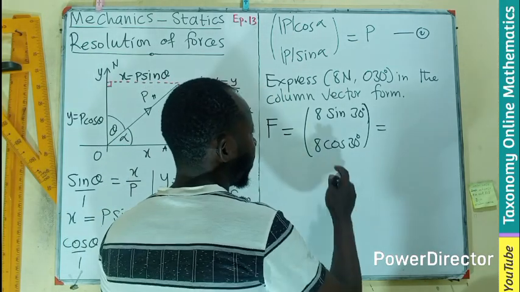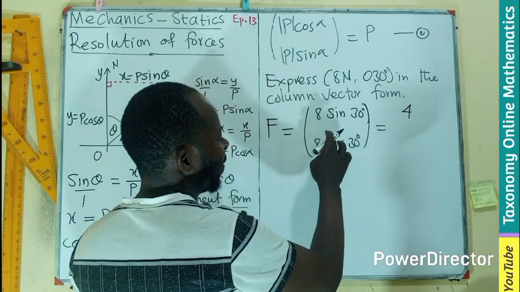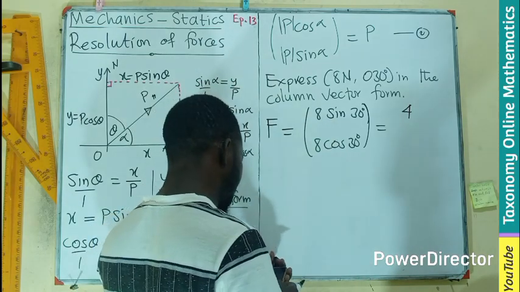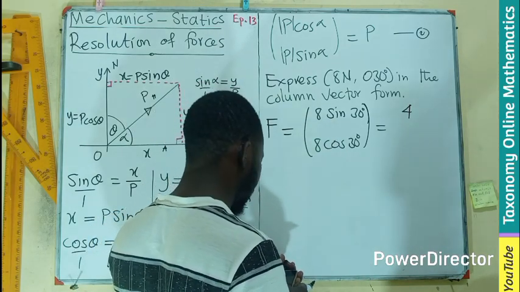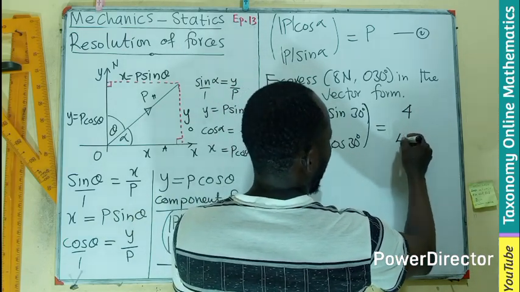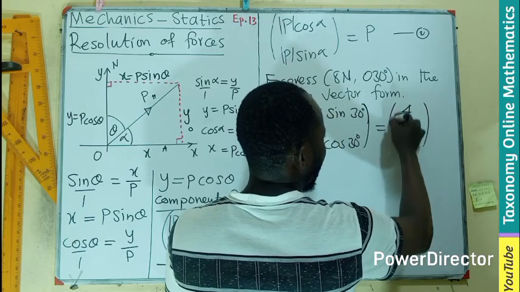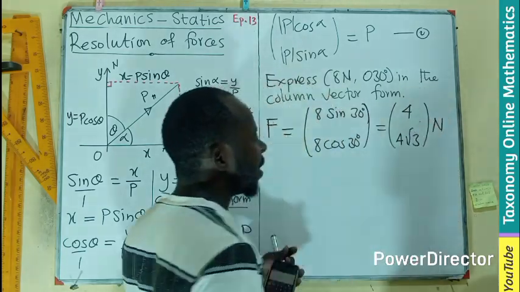Okay, so 8 sine 30 will give you 4. Then this 8 cos 30 will also give us 4 root 3. These are forces. So let's put all of them down and indicate the force.